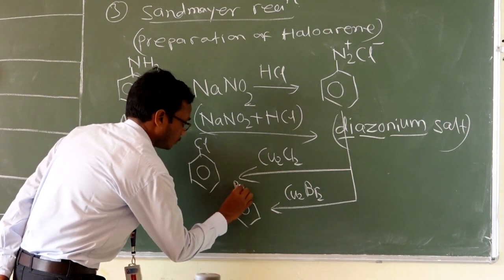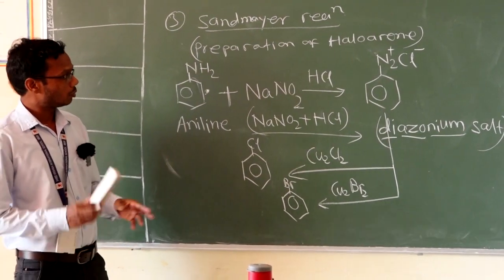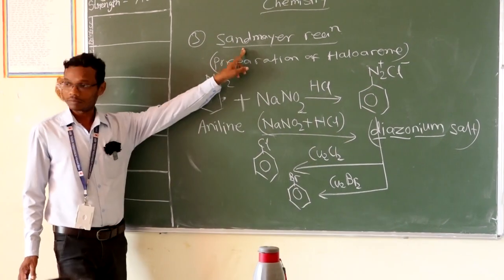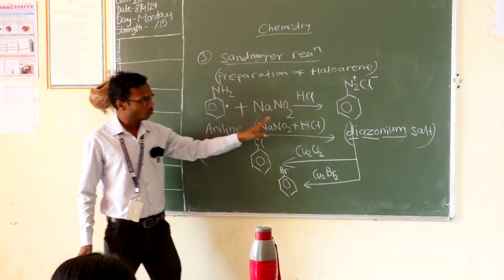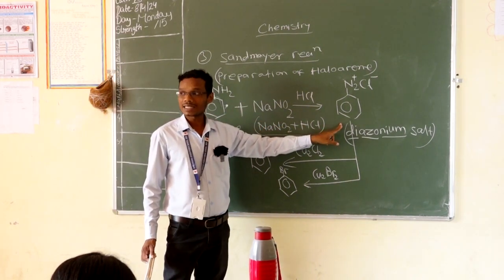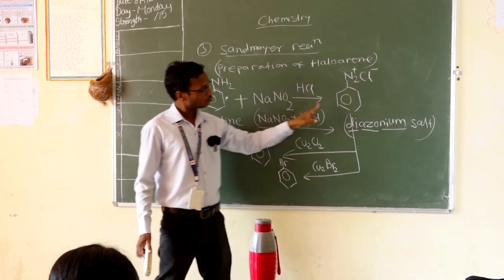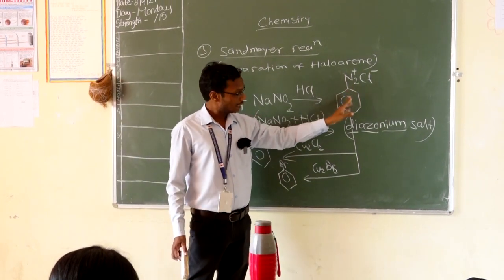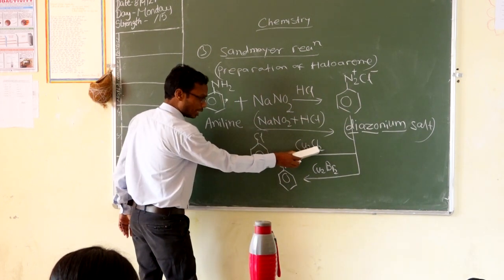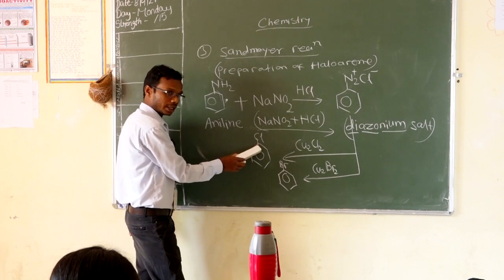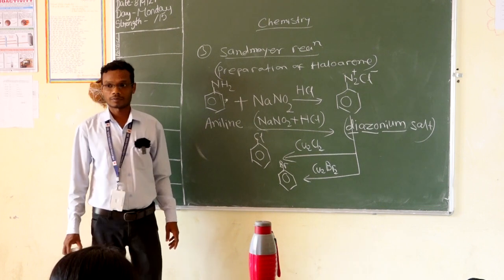Now you have to remember: in this Sandmeyer reaction, first aniline is converted into the diazonium salt, benzene diazonium chloride, benzene NH2 converted to benzene N2Cl. Then this benzene diazonium chloride, when reacted with Cu2Cl2, gives chlorobenzene. If it reacts with Cu2Br2, it gives bromobenzene.